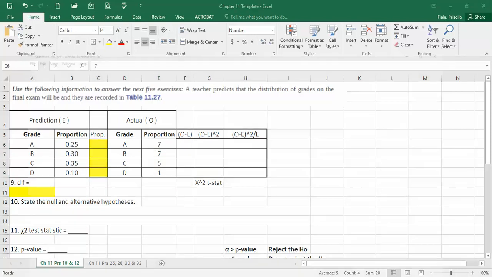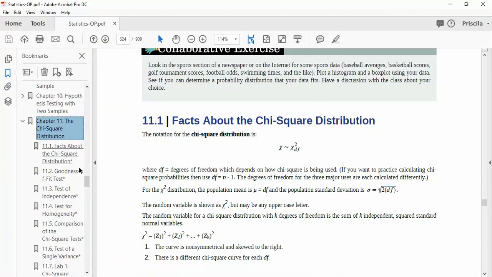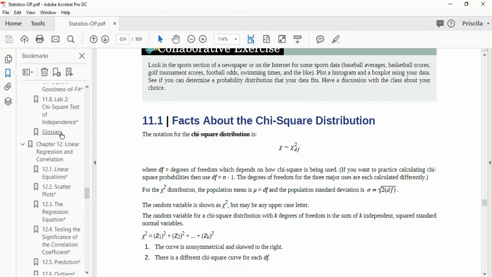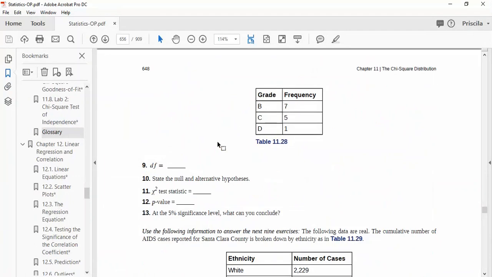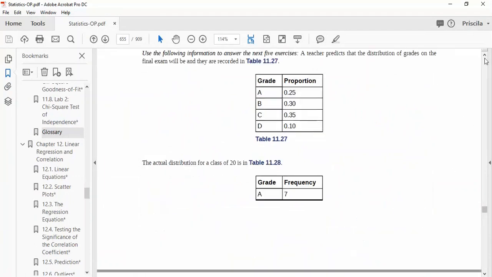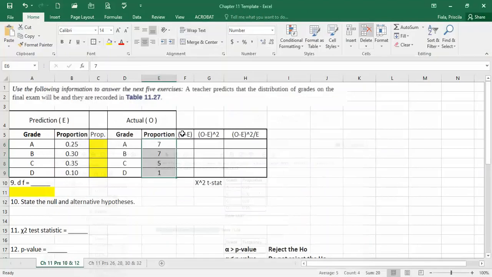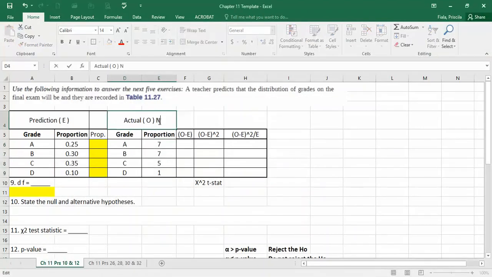Another thing the problem tells you, let me find it, problems 10 and 12, right here: the actual distribution for a class of 20. So this is an actual distribution for a class of 20.